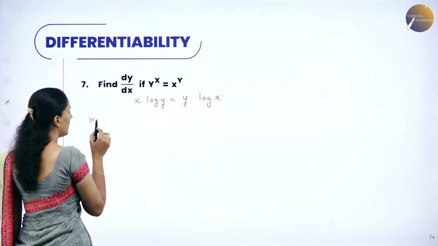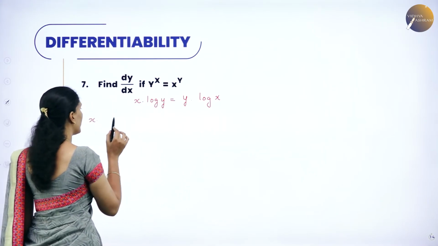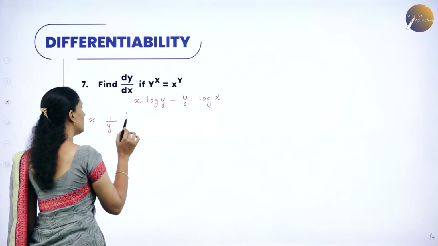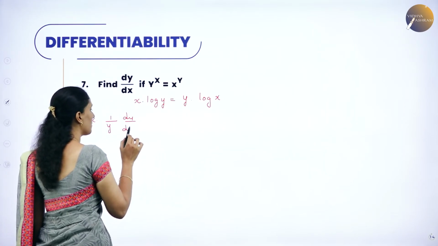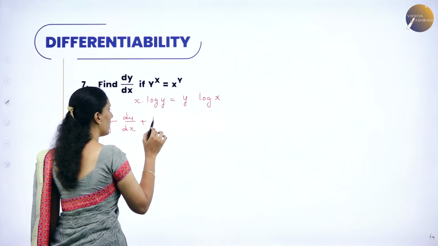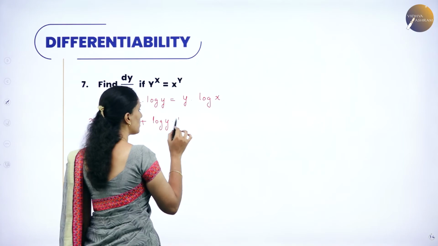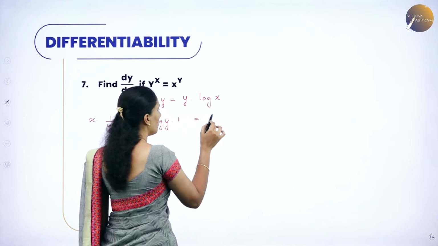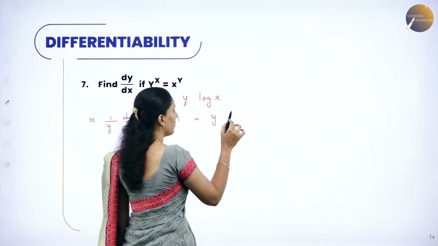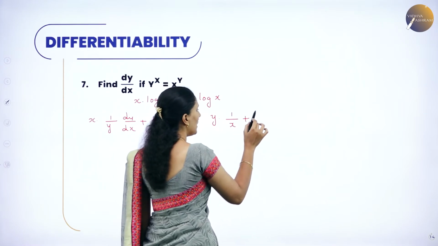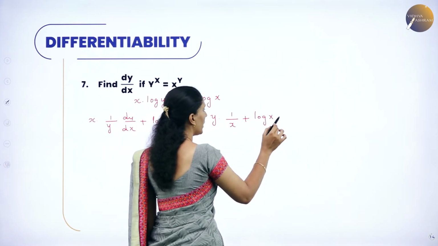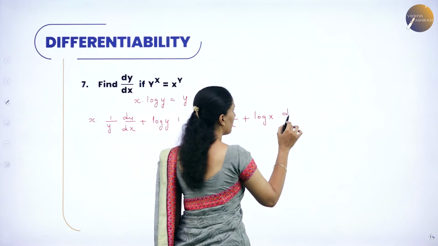First function into derivative of log y, that is 1 by y into dy by dx, plus second function, that is log y into derivative of x, which is 1. Next here also first function into derivative of log x plus log x into derivative of y, that is dy by dx.